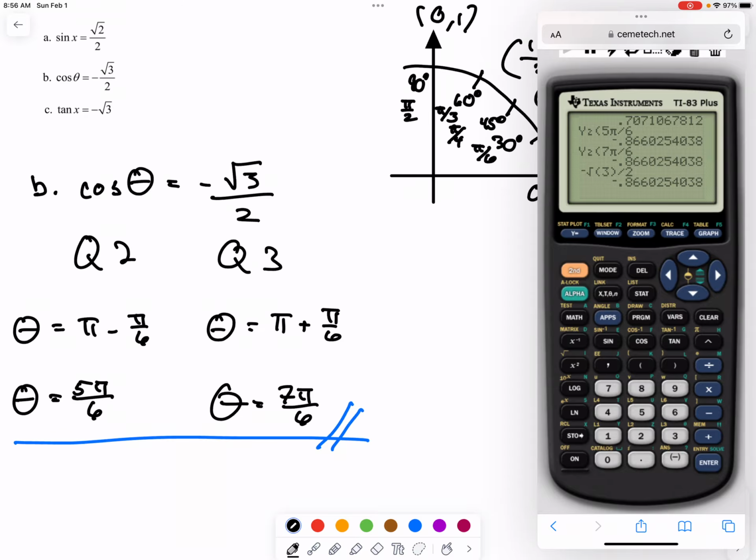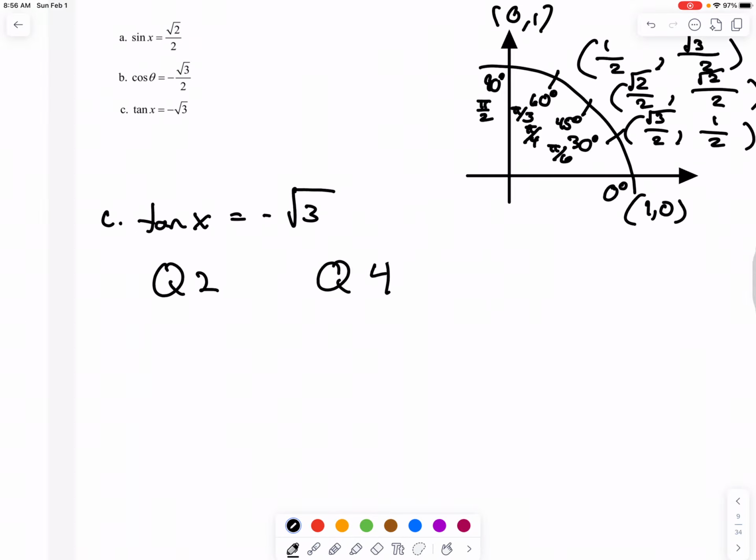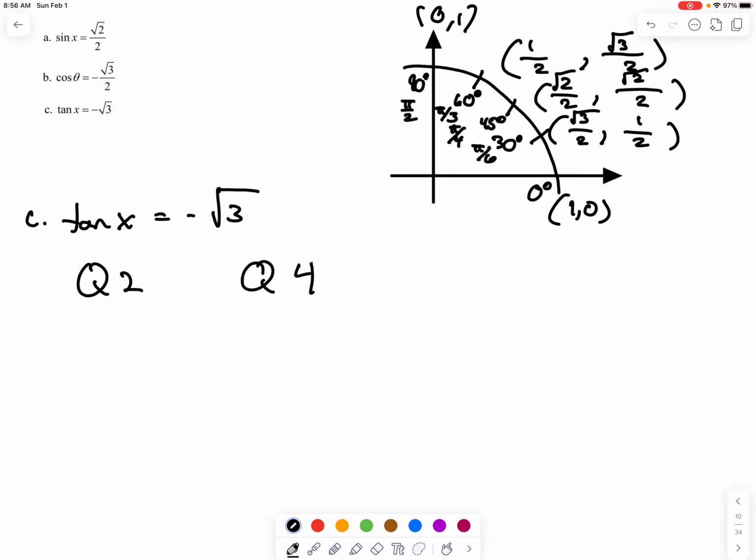I think an additional step that we should incorporate, just be clear about your domain and range, because sometimes we'll produce results that are outside of our domain, or at least check to make sure that these are working. Okay, so we said we need to be 60 degrees off the x-axis in quadrants 2 and 4. So for the quadrant 2 solution, we're going to say pi minus pi over 3.